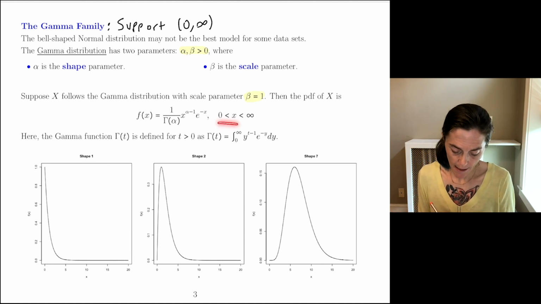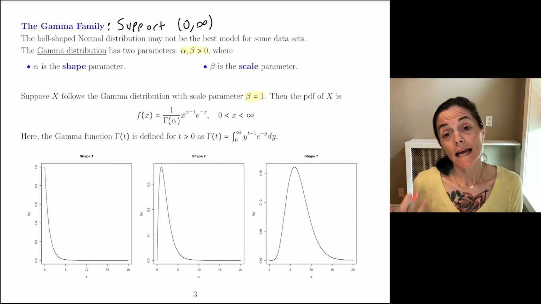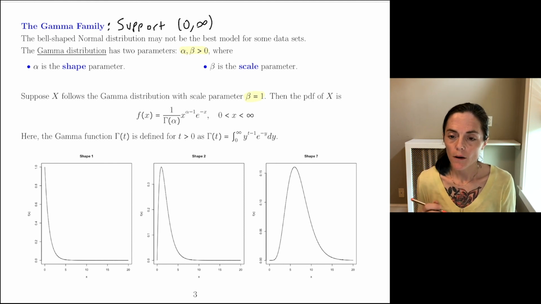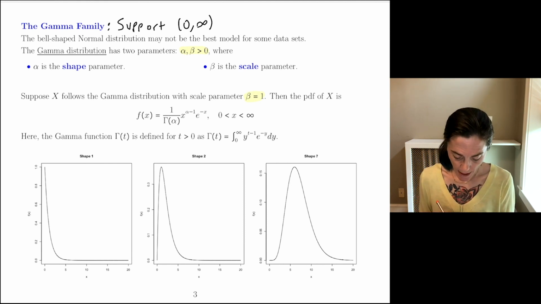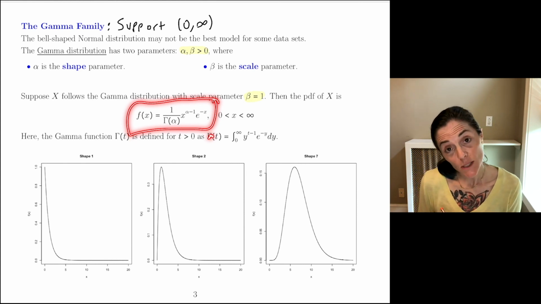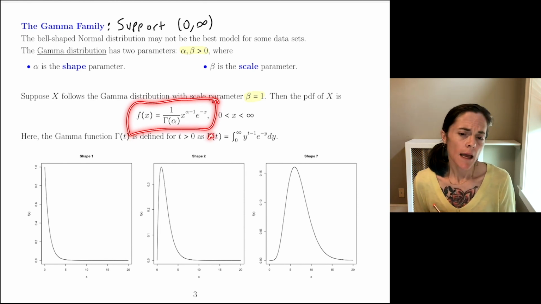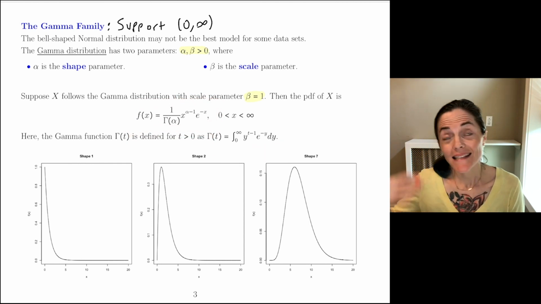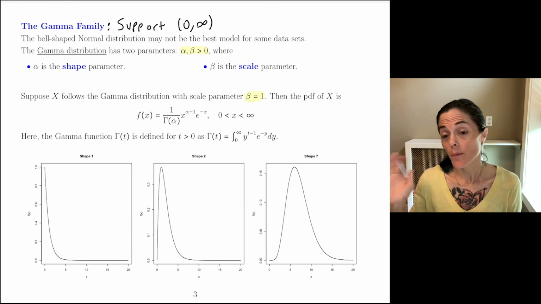And we can see that here. The probability density function for this basic gamma distribution is also quite intricate looking. We have 1 over gamma of alpha, x to the alpha minus 1, e to the minus x. And this capital gamma is what's called the gamma function. It itself is this improper integral.